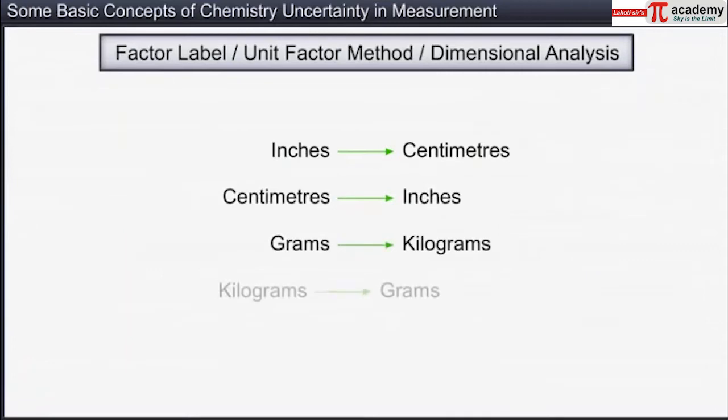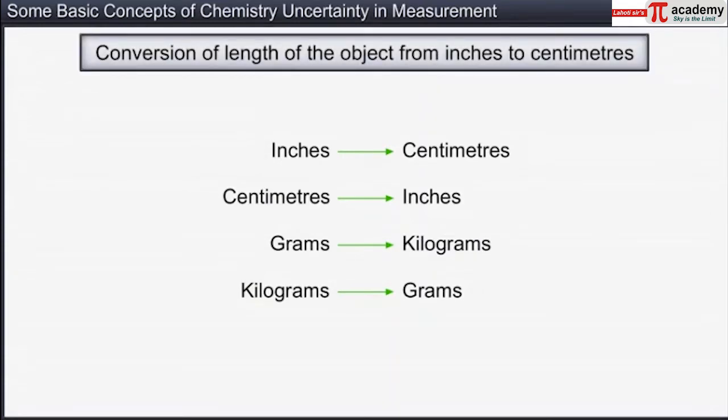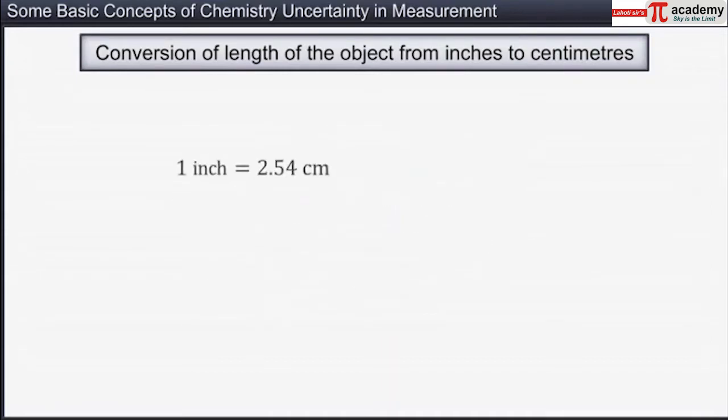When we perform mathematical calculations, sometimes we need to convert units from one system to another. This can be achieved through a method called the factor label or unit factor method, or dimensional analysis. Let's understand this through an example. Assume that we have to convert the length of an object from inches to centimeters. We know that 1 inch is equal to 2.54 centimeters.